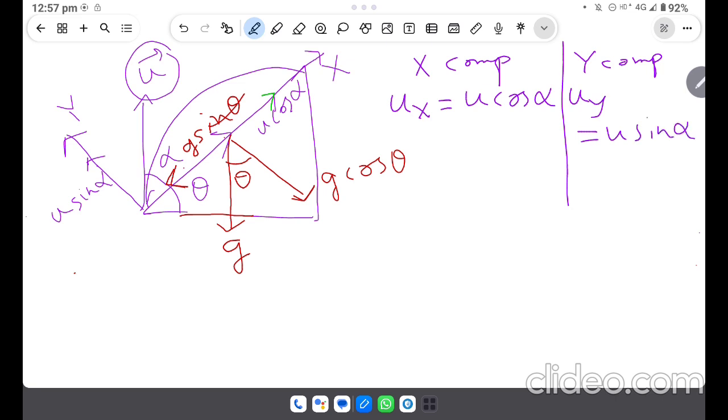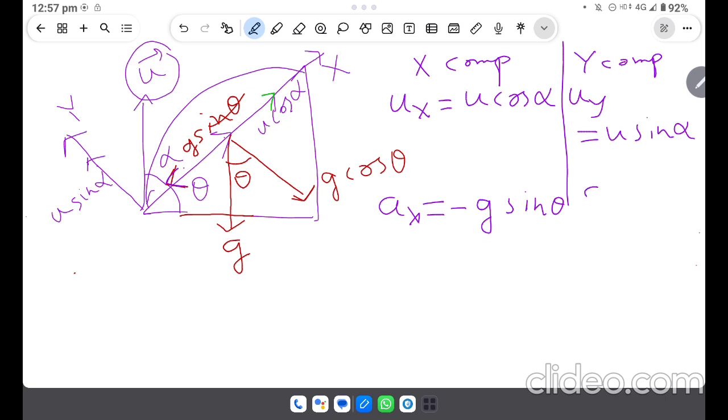Now look at that. Acceleration along the x-axis is g sin theta, so we write ax. But see that here acceleration is in the downward direction, right? That means we have to write minus g sin theta, because g is always in the downward direction. So minus g sin theta is the x component of the acceleration.